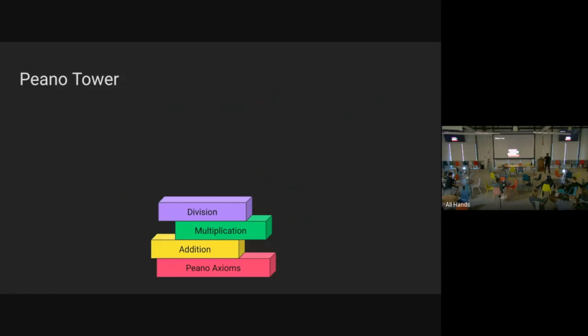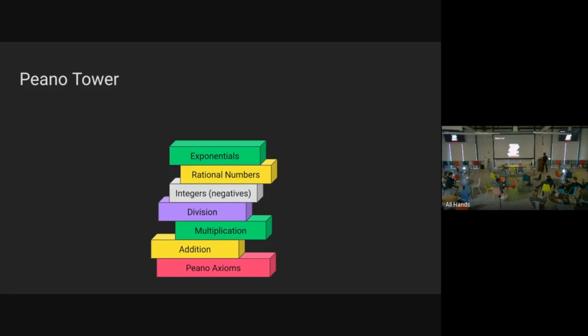So from multiplication, you can imagine that you can build division. And you can imagine also you can represent the integers, which are negative numbers, from just the natural numbers. We won't get into the proofs, but I'm sure you guys can envision how this might be the case. And then once you have negative numbers, you can imagine defining rational numbers, which, in the context of division, are just a numerator and a denominator, right?